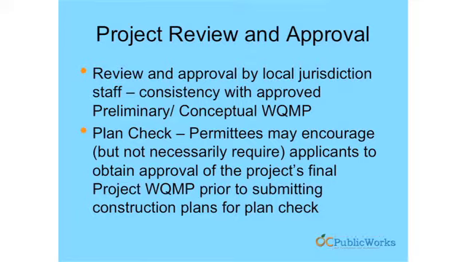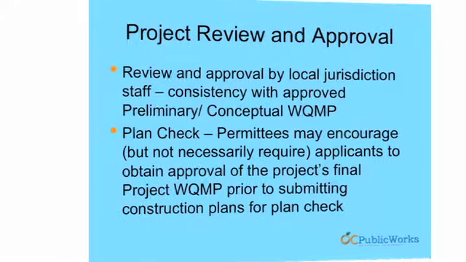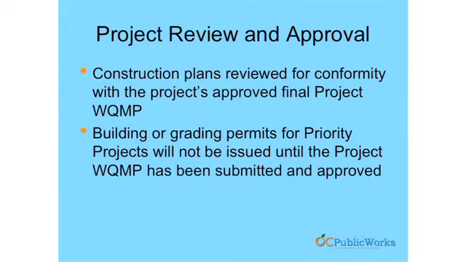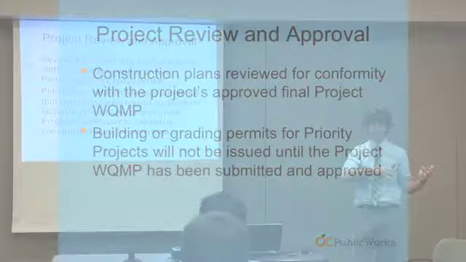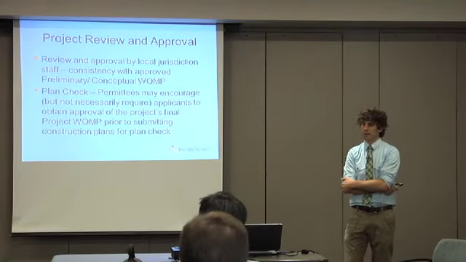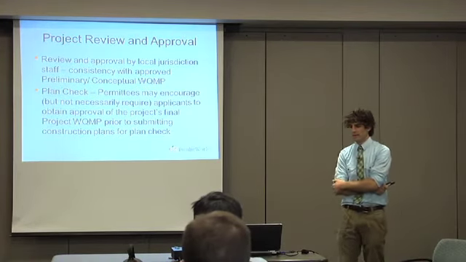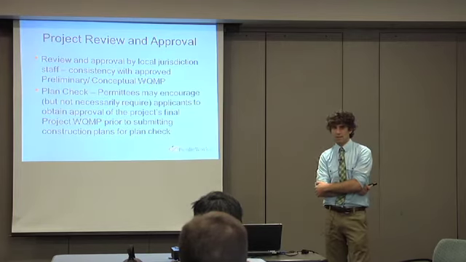Some folks would prefer to get their WQMP approved before they will allow folks to submit the final grading plans for approval. Others, I've heard, will accept both at the same time and will essentially check the WQMP. If it looks good, they'll approve that internally, and then they'll go to the grading plans and say, are they actually providing those 2,000 cubic feet of storage in this drainage management area like they said they would in their WQMP? And I don't think these necessarily need to be really parallel processes.